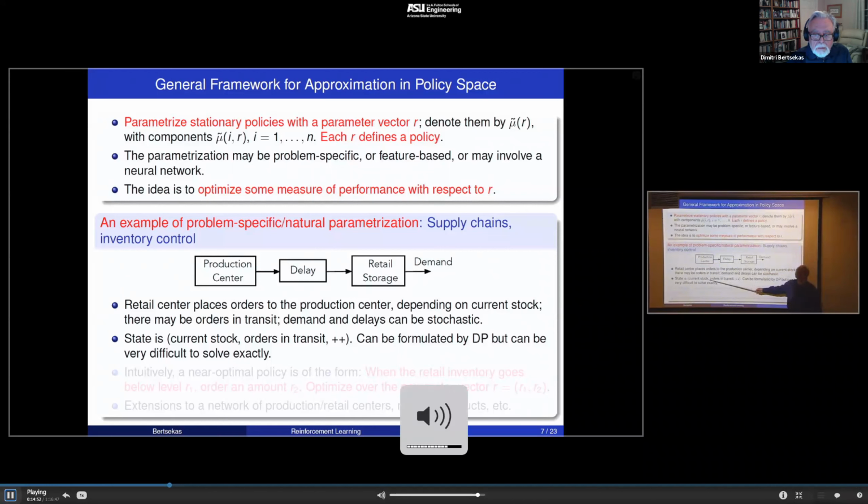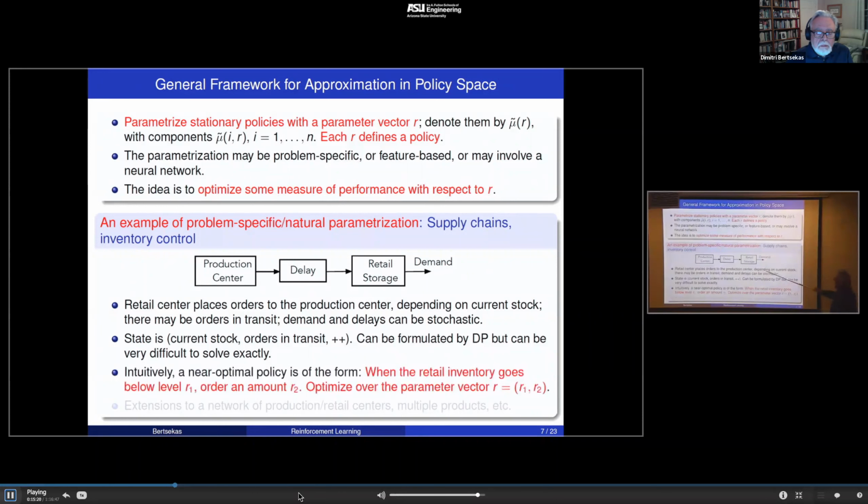And this becomes your state. You can formulate it by dynamic programming, but it can be very difficult to solve exactly, particularly if you have a more complicated system involving multiple production centers, assembly lines, assembling different products into other products, and so on. However, in this setting, there are some intuitive types of policies that you can use.